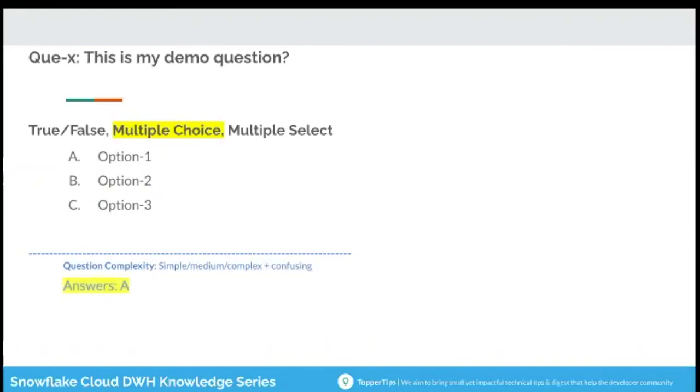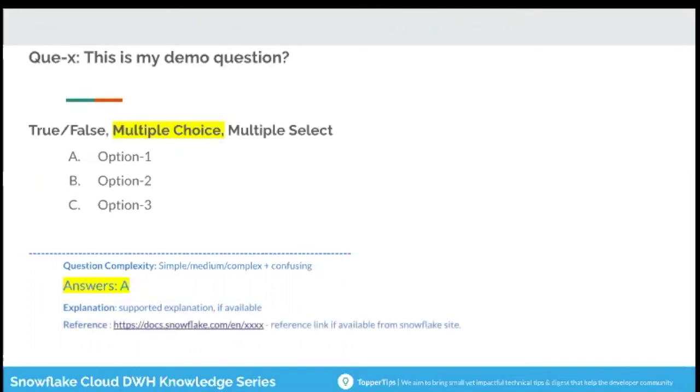Options appear one by one, and once all the options have appeared, you can pause and attempt the question. Finally, the question complexity and confusing indicator also appears along with the correct answer. An emoji is also added just to show whether the question is confusing or straightforward. And finally, explanation text and any supporting document, if available, would appear on the screen.